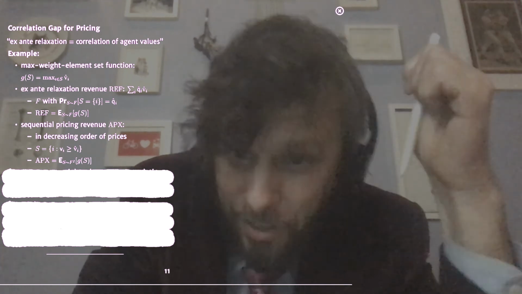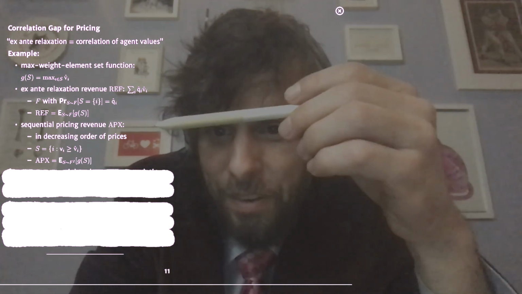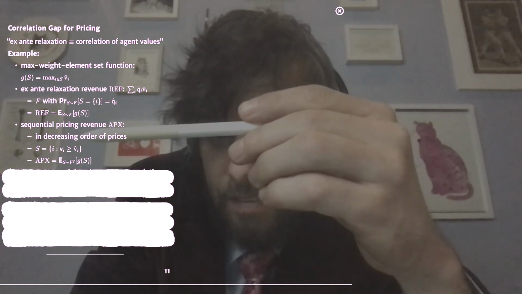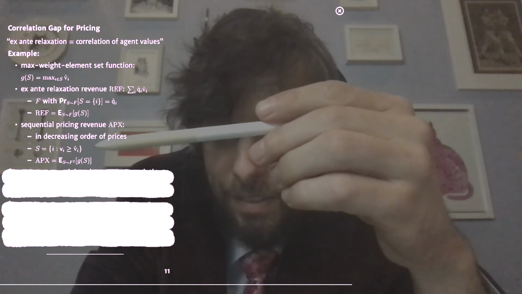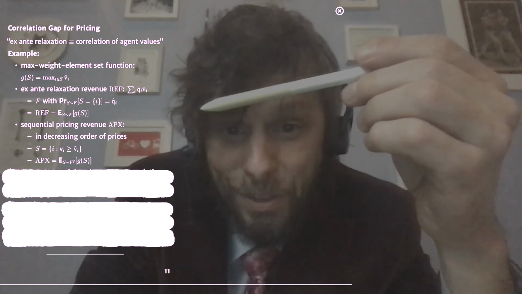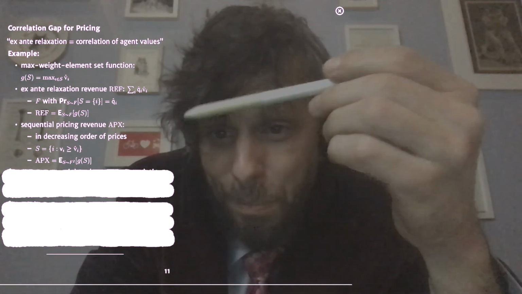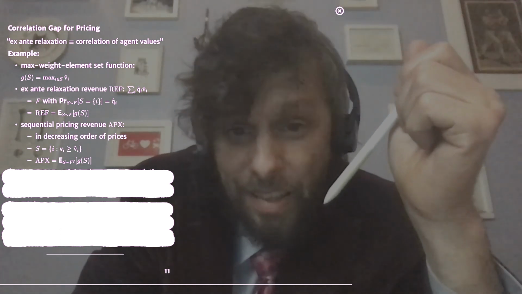If we order each element in decreasing order of price, and S is the set of agents whose values are at least their price, then we're going to sell to the one that has the highest price. The prices here are the v i hats.